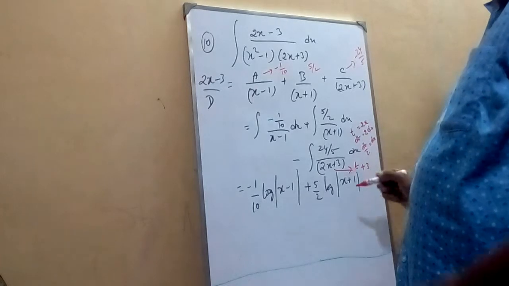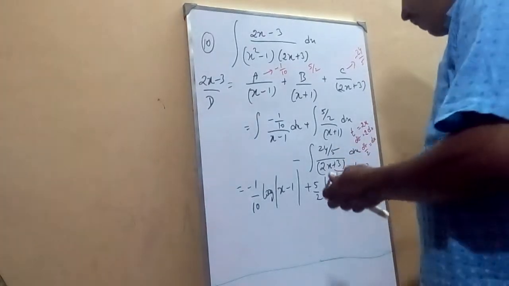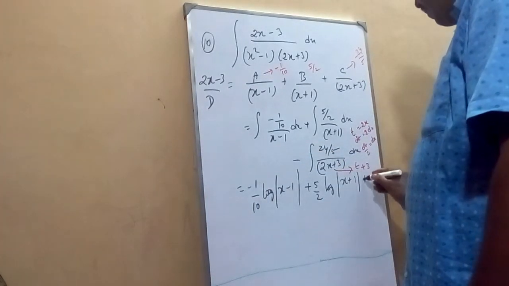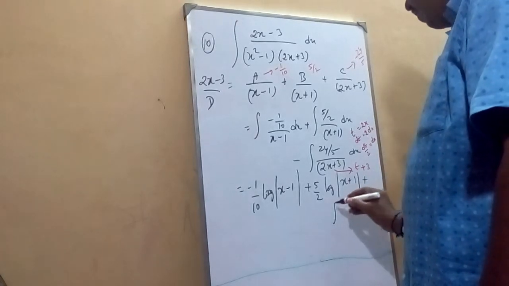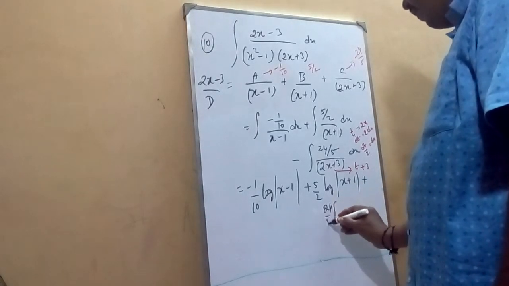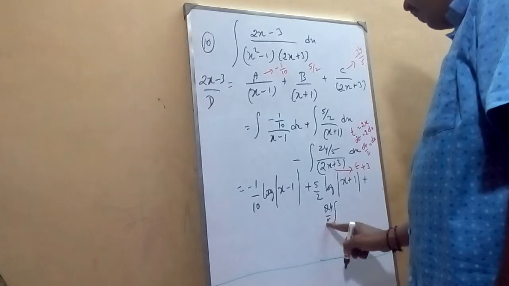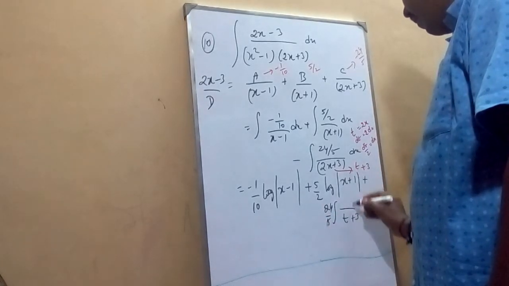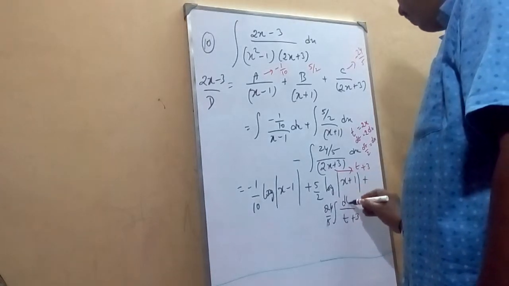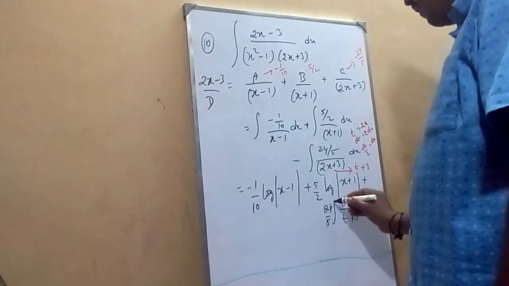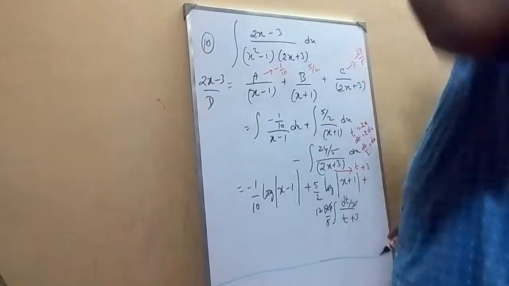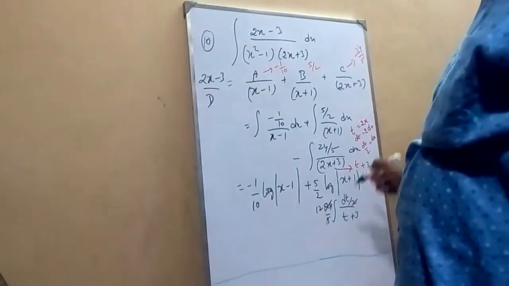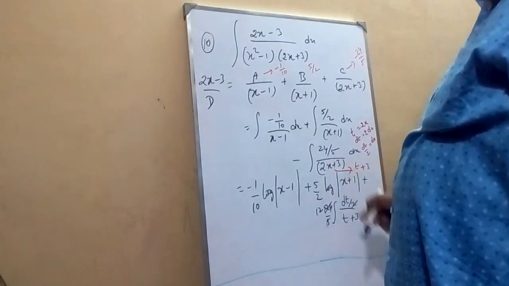So if I convert this as t plus 3, you will have the integral of 24 by 5 over (t plus 3) into dt by 2. So these two will get cancelled, it becomes 12 by 5. So this becomes log of (t plus 3), which is log of (2x plus 3), since t is nothing but 2x.